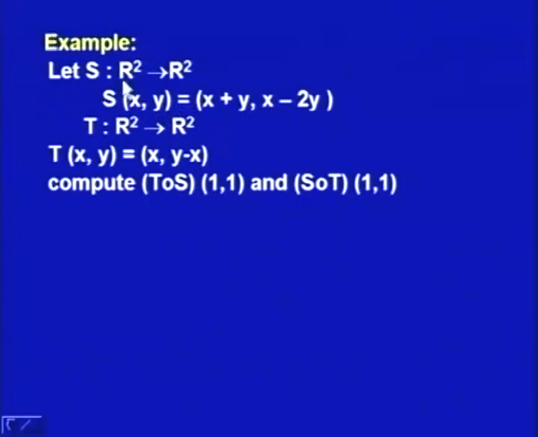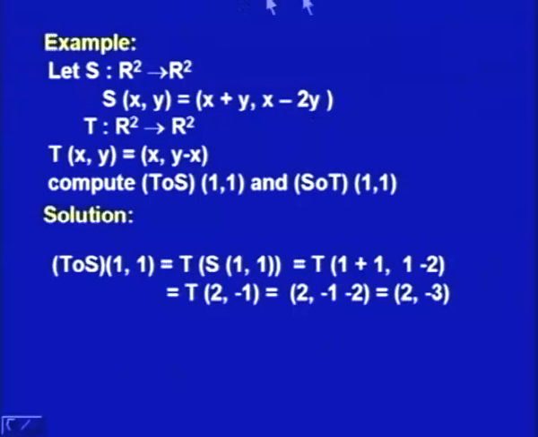So, an element x y in R2 will map to x plus y comma x minus 2y under the transformation S, and another linear transformation T defined by T of x y is equal to x comma y minus x. So, the question is to compute T composite S for the element 1 comma 1 and S composite T for the element 1 comma 1.